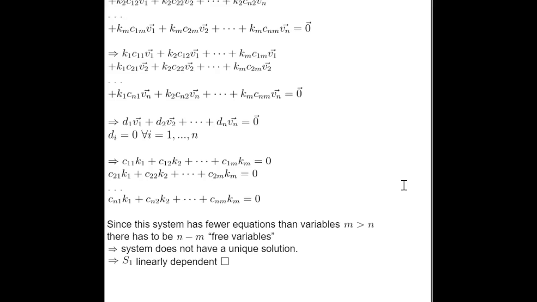K1, K2, through Km is not 0 for all the variables. If K1 through Km is not 0 for all the variables, then the set S sub 1 must be linearly dependent. Okay, why is this important? Because if that set is linearly dependent, then it's not a basis. So if a set is bigger than the basis, it has to be linearly dependent, which means the set in and of itself cannot be a basis.